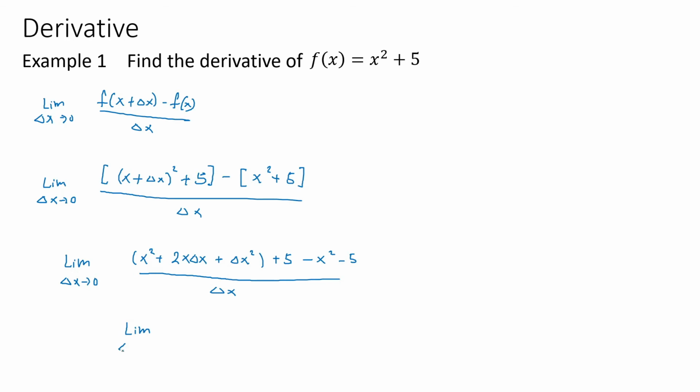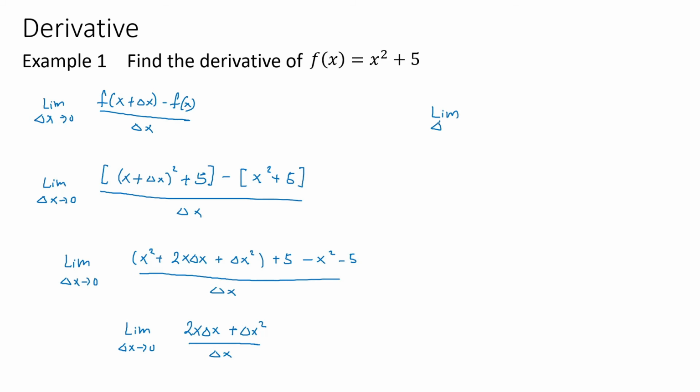Now there are a couple of terms that will subtract each other out. x squared will cancel each other out. 5 will subtract each other out, leaving us with 2x delta x plus delta x squared over delta x.